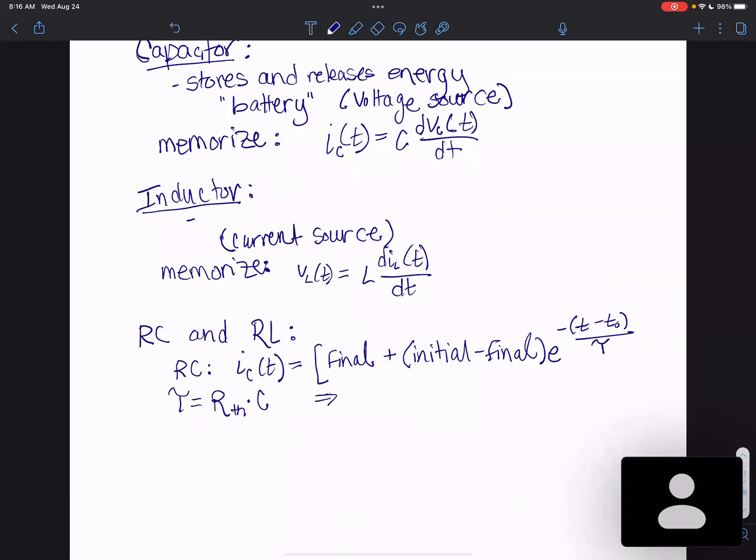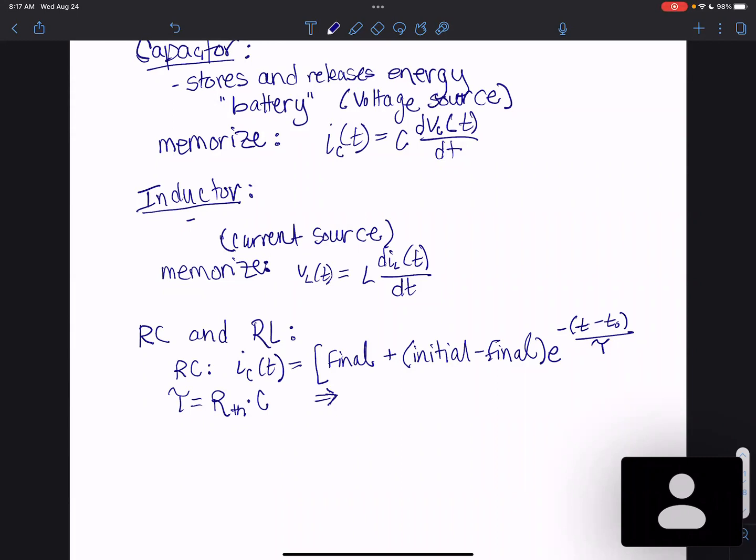And then Edison had said already, the 63% was when we figure it is charged or discharged. So we consider that charged at 63% of the final value. If it's charging up to 10 volts, it would be 63% of 10, so at 6.3 you would say, okay, I consider myself charged.